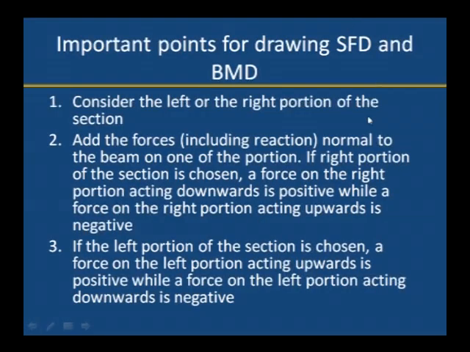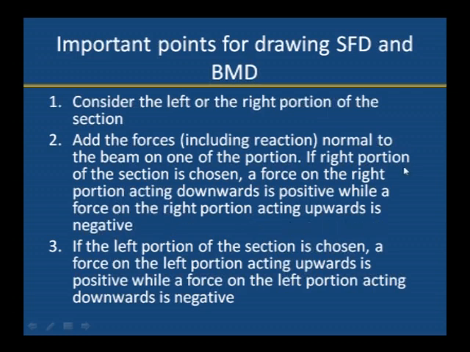What are the important points what we observed? We can consider the left or right portion of the section when we are calculating the bending moment or shear force. Add the forces including reaction normal to the beam on one of the portions. If the right portion of the section is chosen, a force on the right portion acting downwards is positive, while a force on the right portion acting upwards is negative.